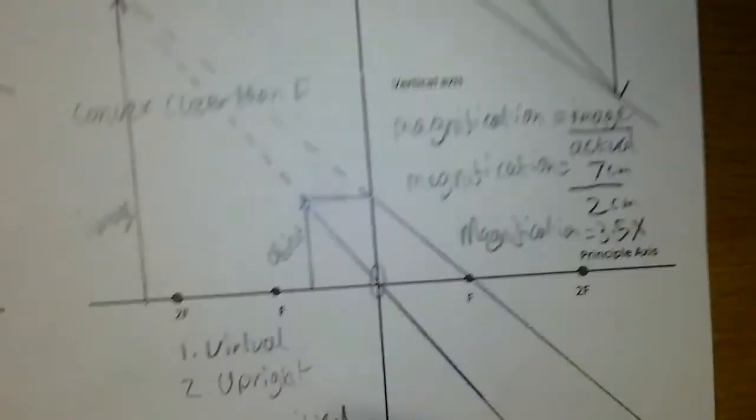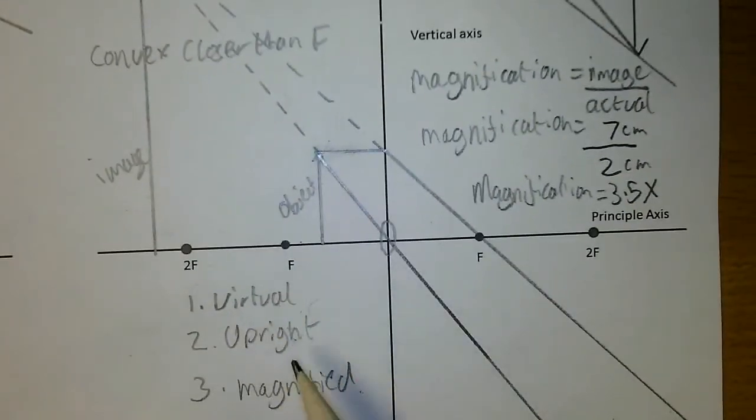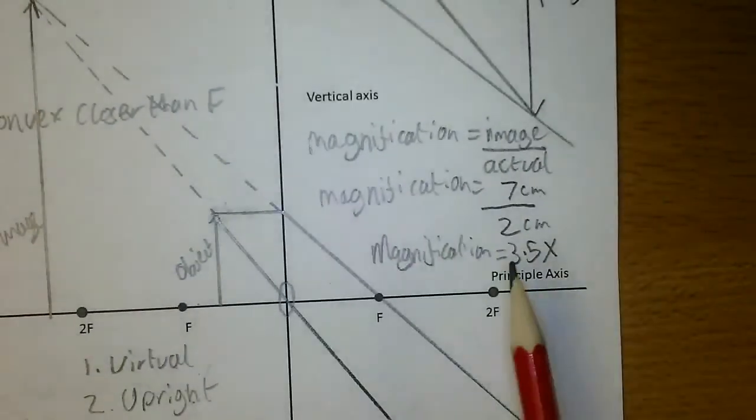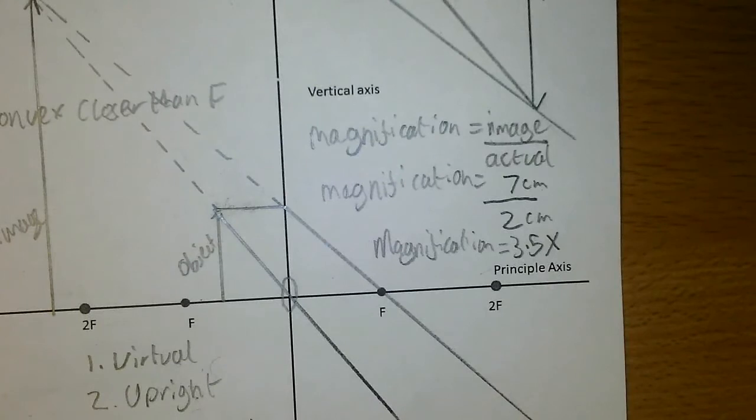Once you've done that, tell me, is it virtual or real, upright or inverted, magnified or diminished, and then work out the magnification. If it gets smaller, your magnification is going to be less than 1, because 1 times magnification would mean you are producing an image exactly the same size.